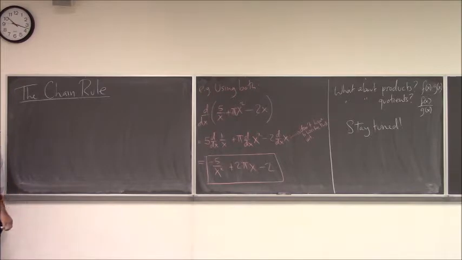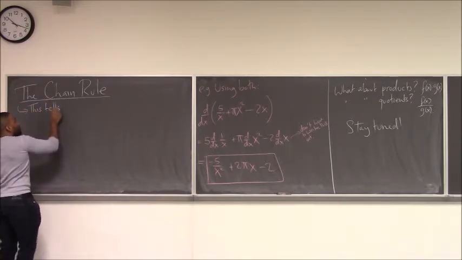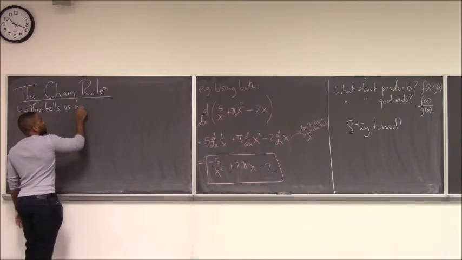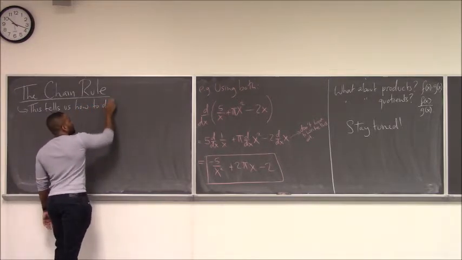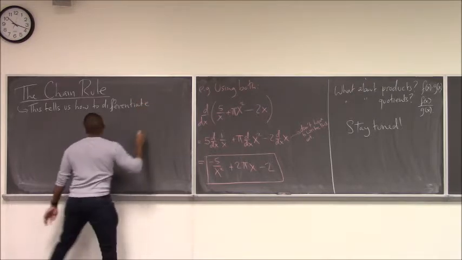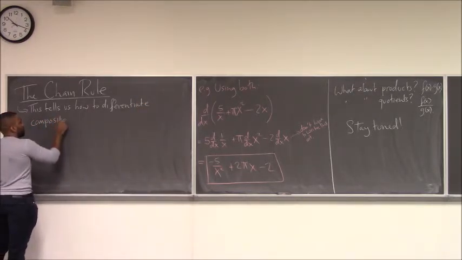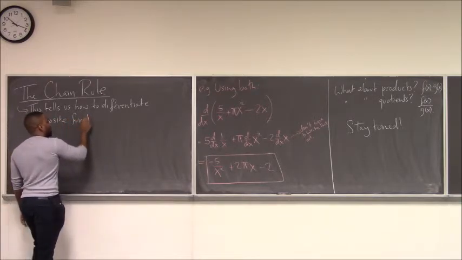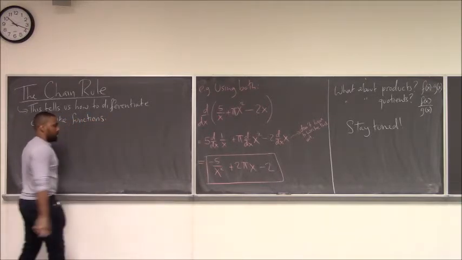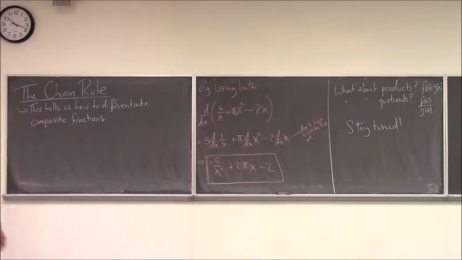So it's called the chain rule. It tells us how to differentiate composite functions. That's when you take one function, you plug it inside of another function.